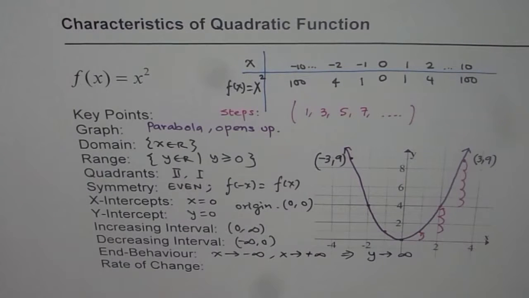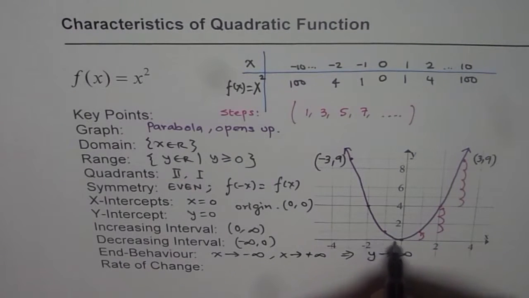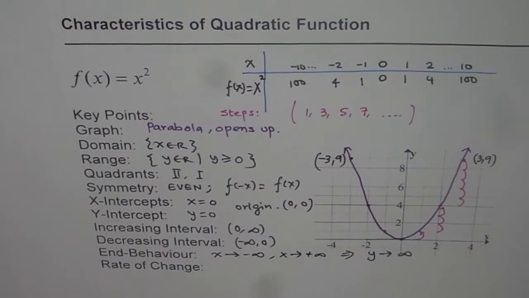Now let's look into rate of change. Rate of change for a parabola is very characteristic. Now if you see the vertex, and if I want to draw a tangent at vertex, it will be a horizontal line, right? So let me use a different ink here. So that becomes 0. Do you see that?